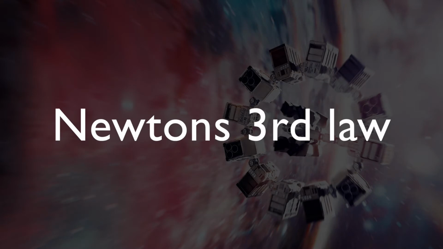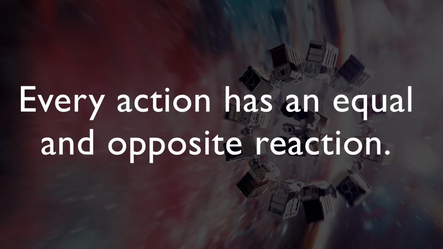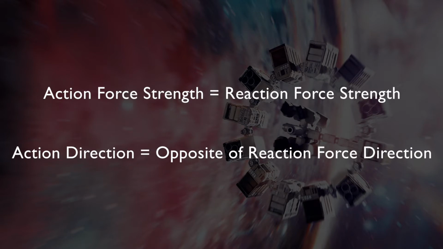In Newton's third law, he describes the relationship between two forces in an interaction. Newton's third law states that whenever one object exerts a force on a second object, the second object exerts an equal and opposite force on the first object. One force is the action force, while the other is called the reaction force.